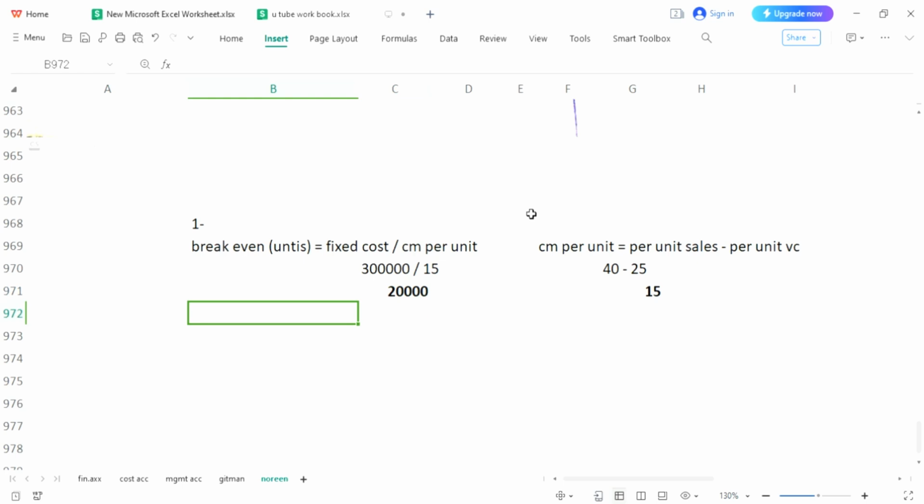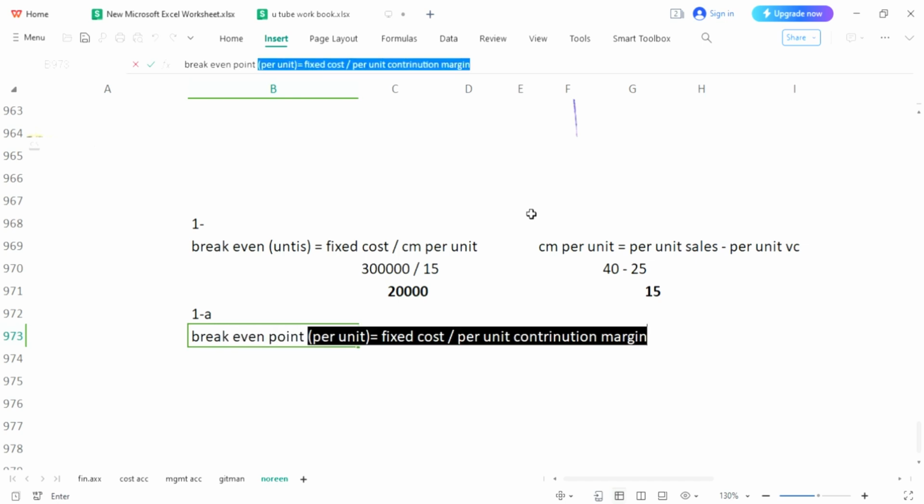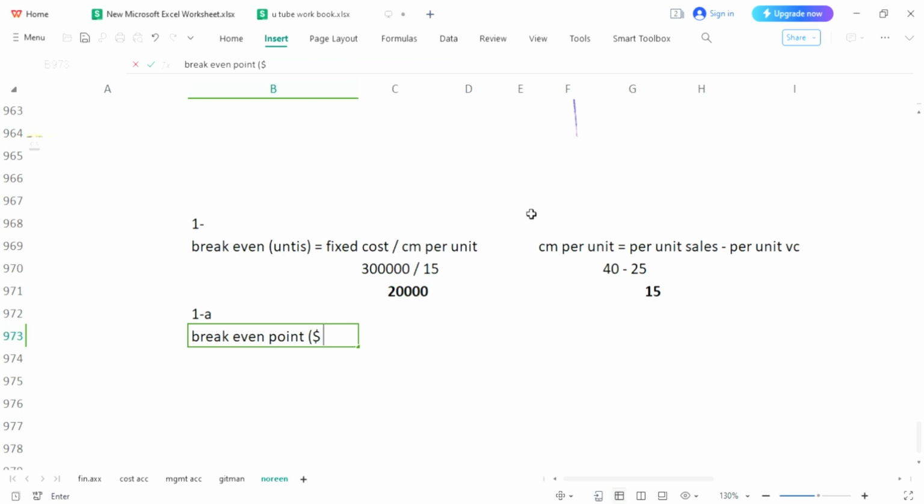Now we will see part 1A, where we will calculate the break-even point in terms of dollars, or amount. For this we need fixed cost, which is divided by CM ratio.